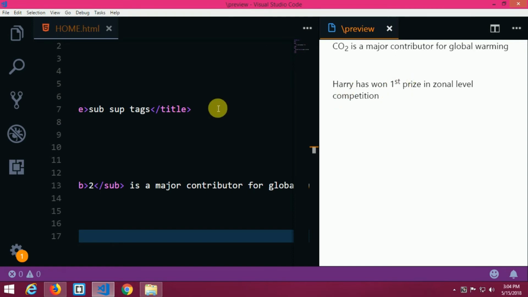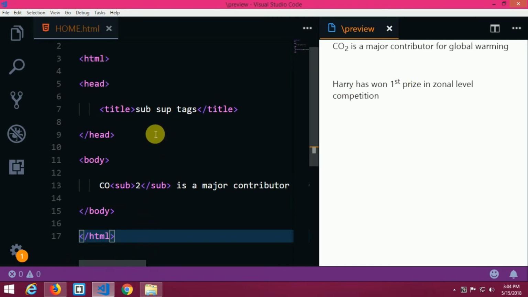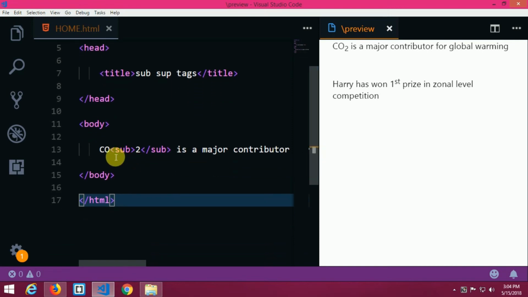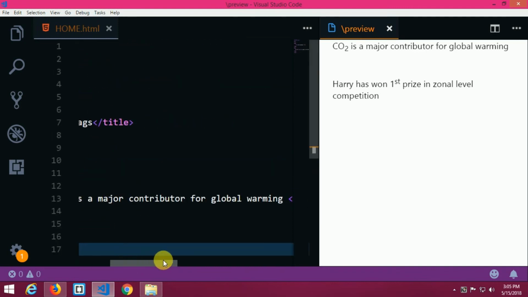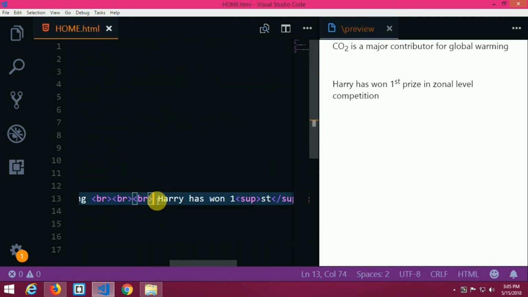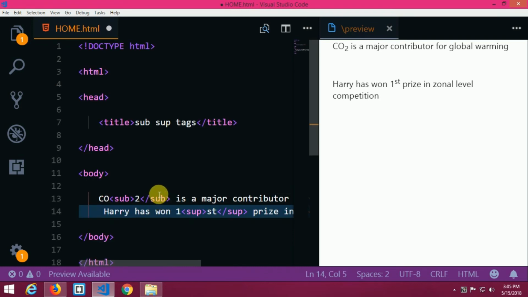So the sub tag is used for science purposes when you are involved in a chemistry project. When you are writing chemical names like CO2, the 2 comes below. And when you are writing an article about a competition, when you want the "st" to be above, you can add the sup tag.